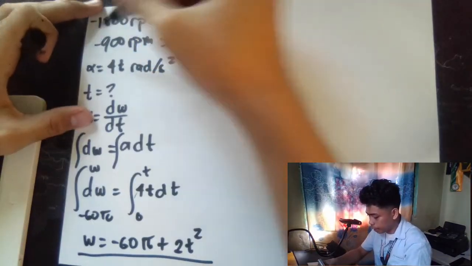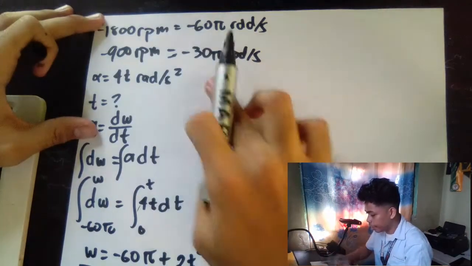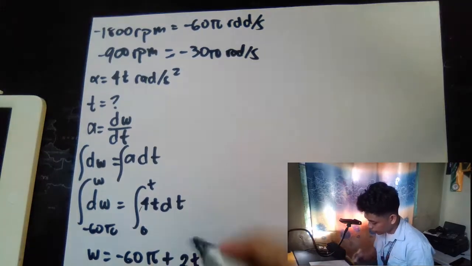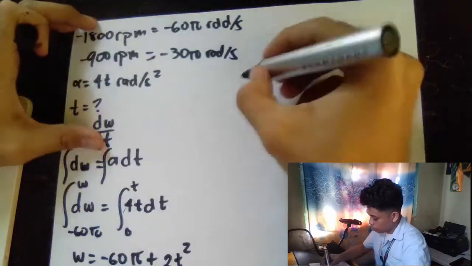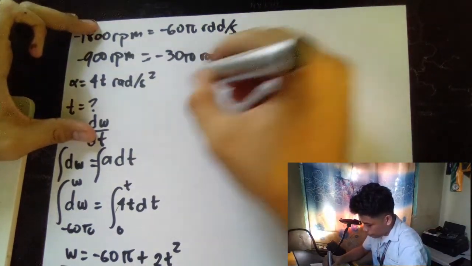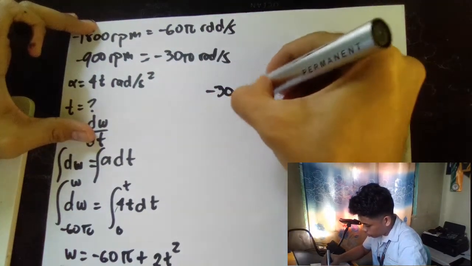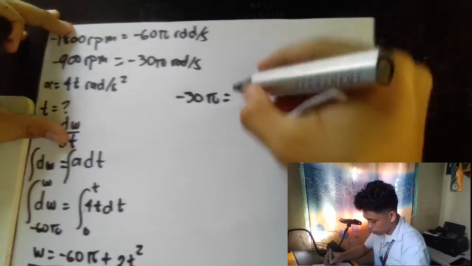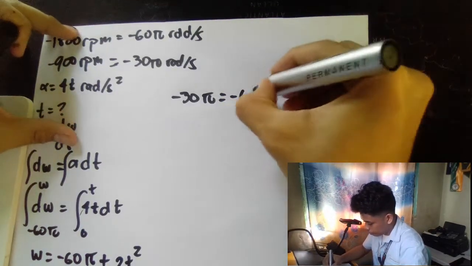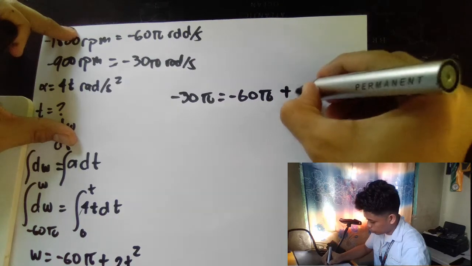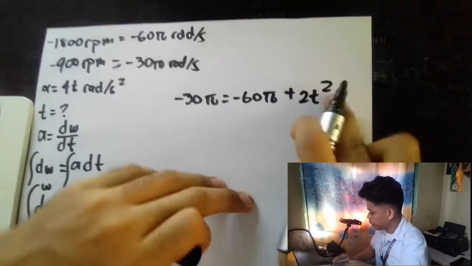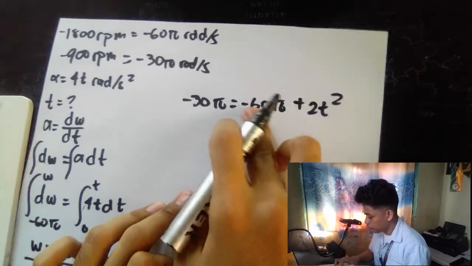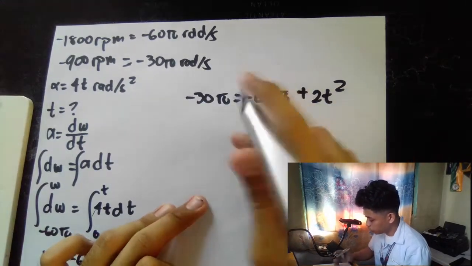Now we can plug in the 900 RPM, or negative 30π rad per second, to find the time. Negative 30π equals negative 60π plus 2t squared. Rearranging, negative 30π plus 60π is 30π, divided by 2 equals 15π.